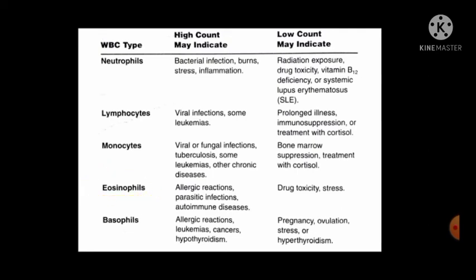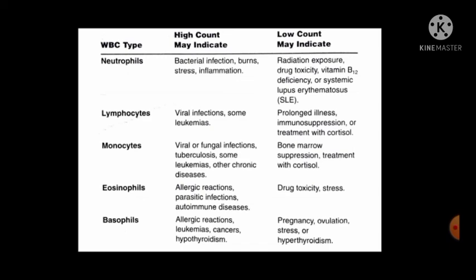Eosinophils combat allergic reactions. At the time of allergic reaction, parasitic infection and autoimmune disease, the eosinophil count increases, and drug toxicity and stress cause eosinophils to decrease. Basophils are increased during allergic reactions, leukemias, cancer, and hypothyroidism, meaning a decrease in the secretion of the thyroid gland.